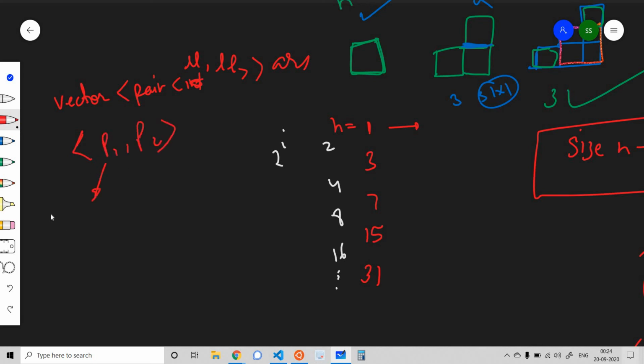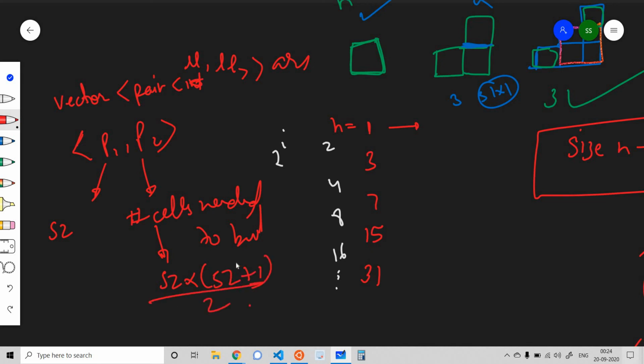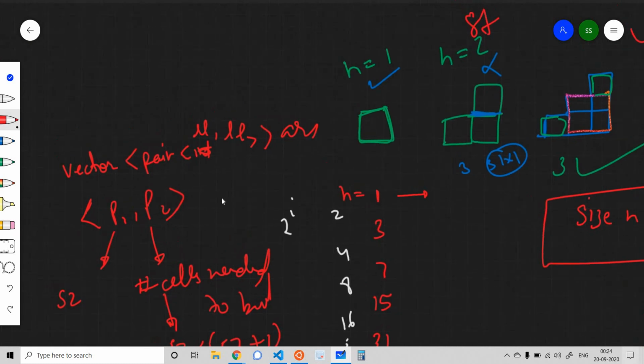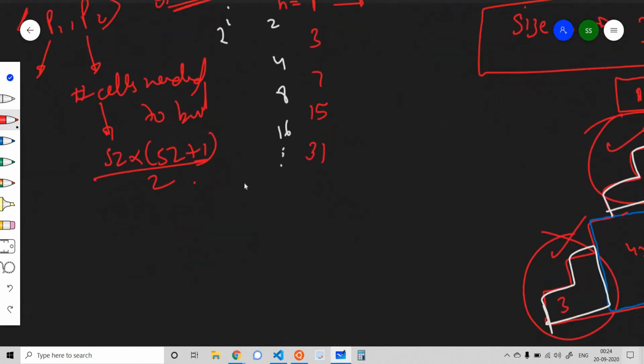In p1 I'm maintaining the size of my staircase, and in the second part I'm maintaining the number of cells needed to build that staircase, which is equal to size into size plus 1 divided by 2. I've called it nice, as I'm pushing all the nice staircases into it.